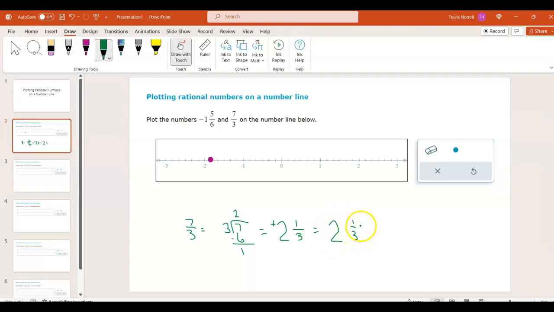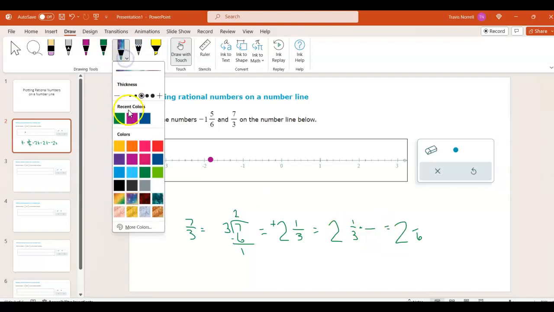and I want to multiply that 3 by something that will give me a 6. I want a denominator of 6. So what do I need to multiply 3 by to get 6? I need to multiply it by 2.